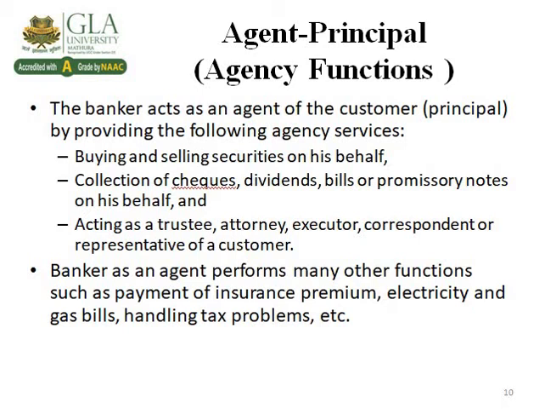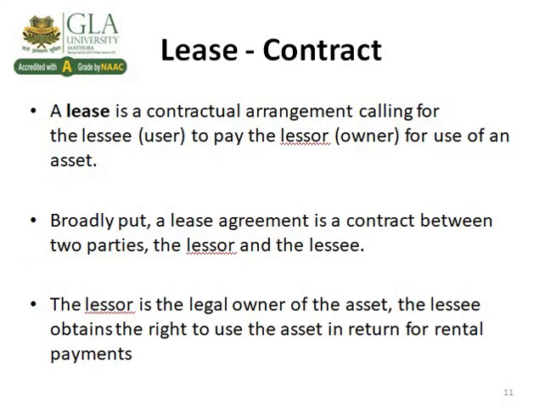The banker also performs other functions as an agent, such as payment of insurance premium, electricity and gas bills, handling tax problems, etc. So in this case, the banker is acting as an agent on behalf of the customer, giving rise to agency functions and services. The most important point to understand is that the banker will be the agent and the customer will be the principal, right?